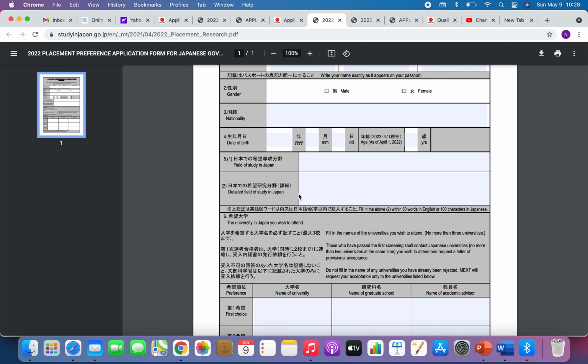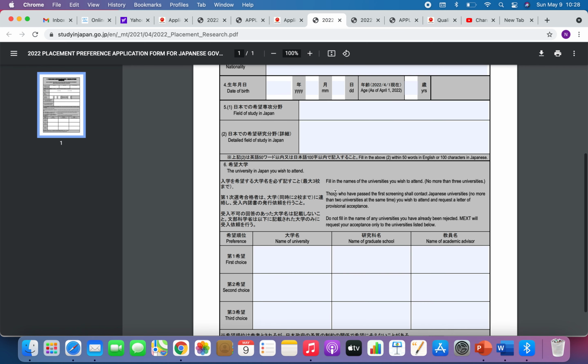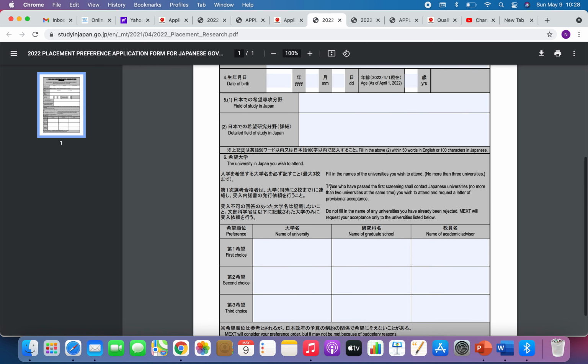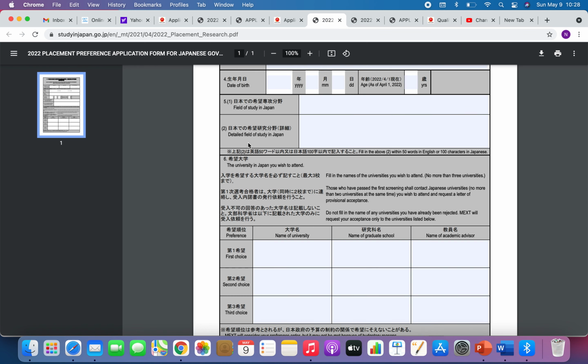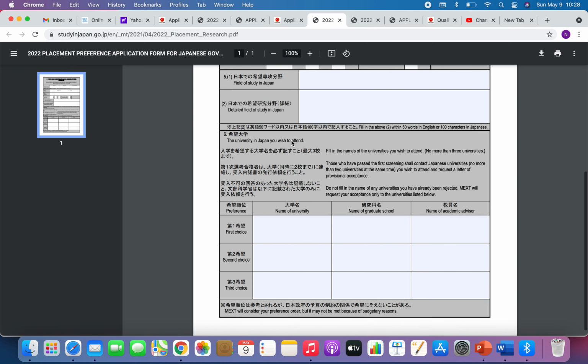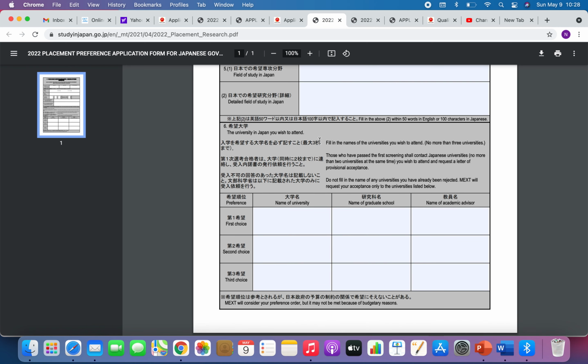You write your desired field of study in Japan, and then you explain the detailed field of study and the university you wish to attend. I will put a list of universities so that you can have access to that. You have to write the name of the university, the name of the graduate school of science or graduate school of engineering, and then the professor.